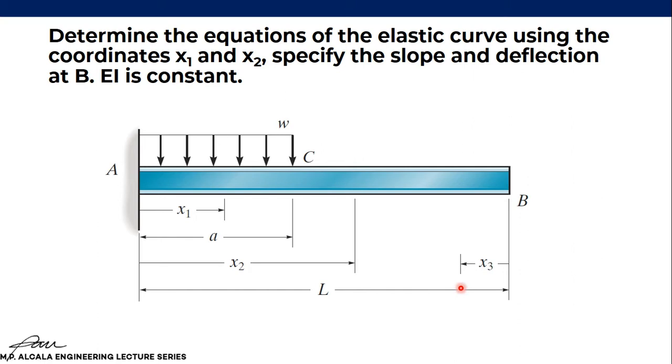So let's start. First thing, again, our approach is to read the problem repeatedly until we understand what we can do and what we can accomplish from the given. In this case, we have one loading only, a distributed load. Therefore, we can start simply analyzing what our reactions will be.